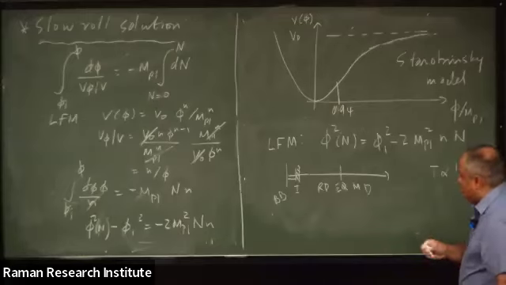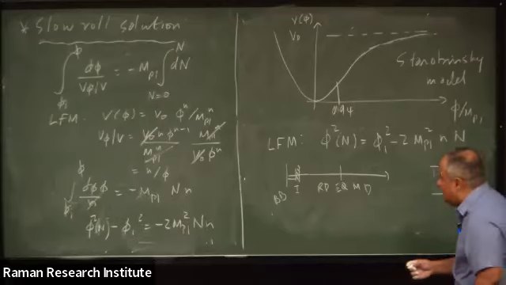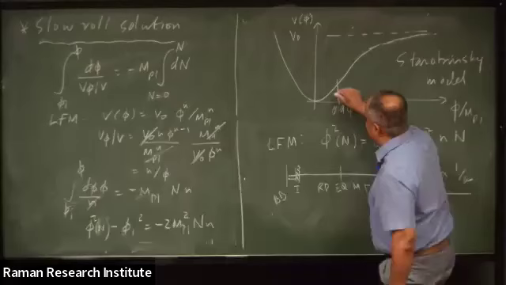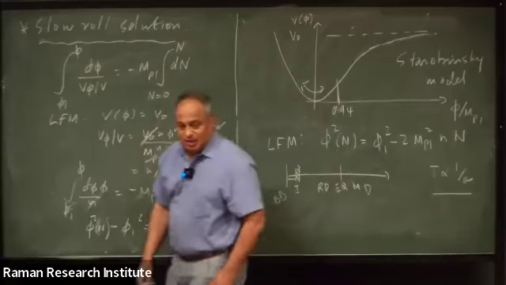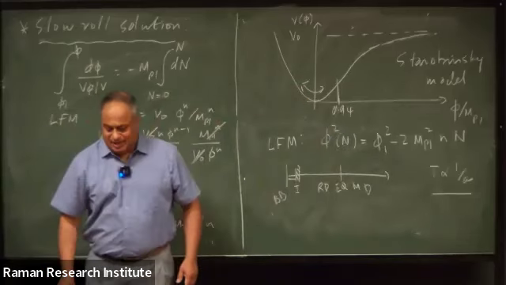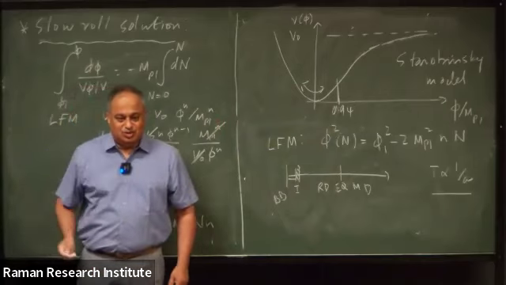The universe has cooled, so I need to reheat it. The picture is that after inflation ends, the inflaton oscillates at the bottom of the potential. I will set up a simple example where I couple the inflaton to radiation and transfer the energy to radiation.